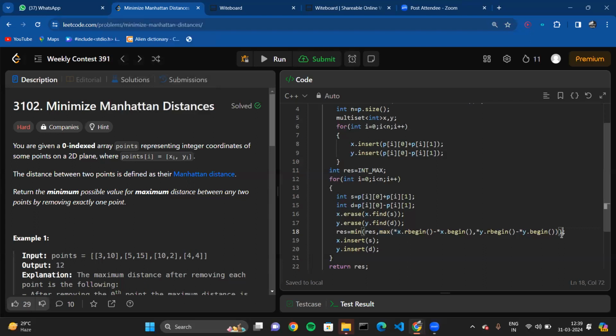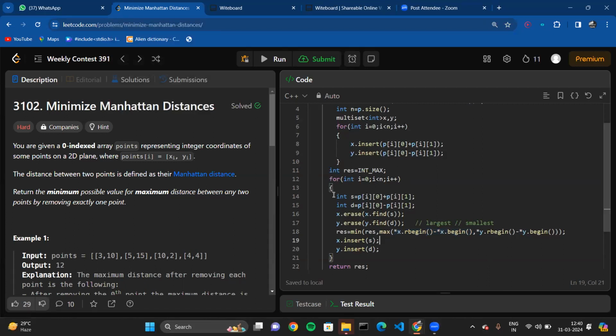See, the multi-set is already sorted. So what will r dot begin give? R dot begin will give me the last, or in this case, the largest element, and x dot begin will give me the smallest element. So clearly, this will be the largest difference.